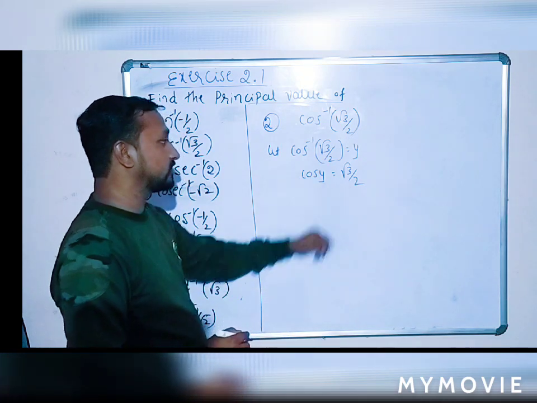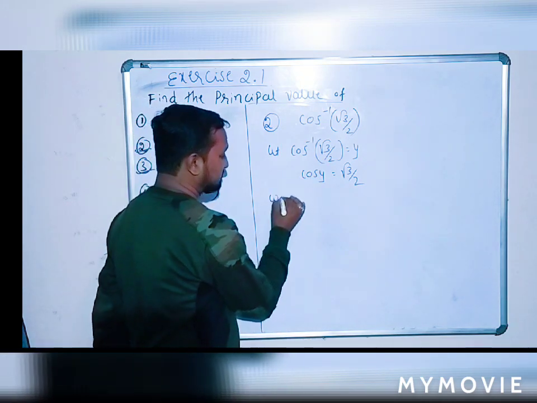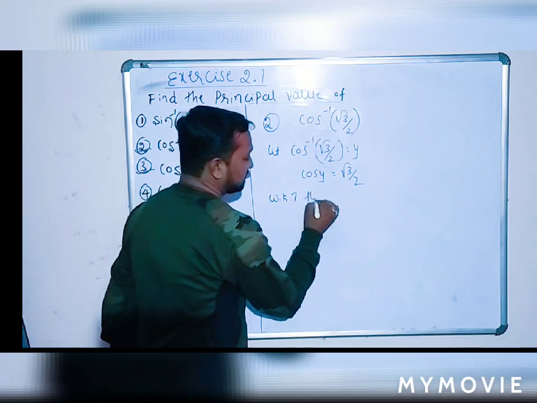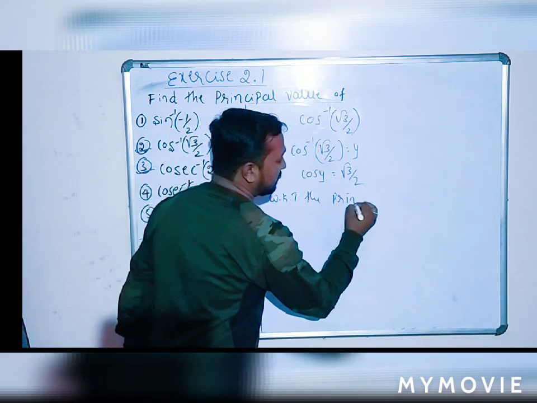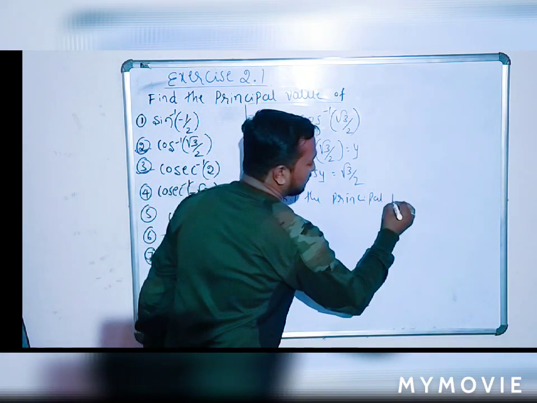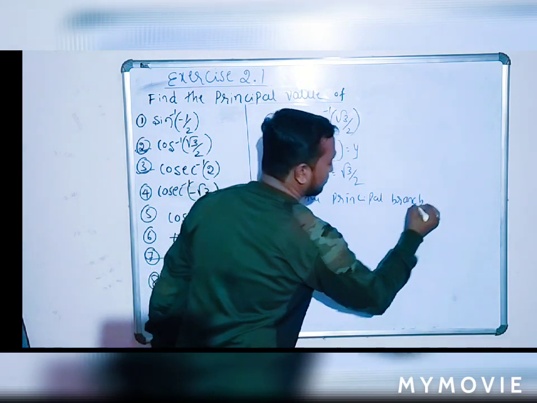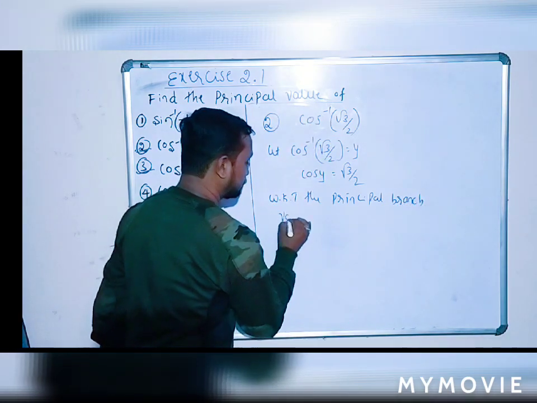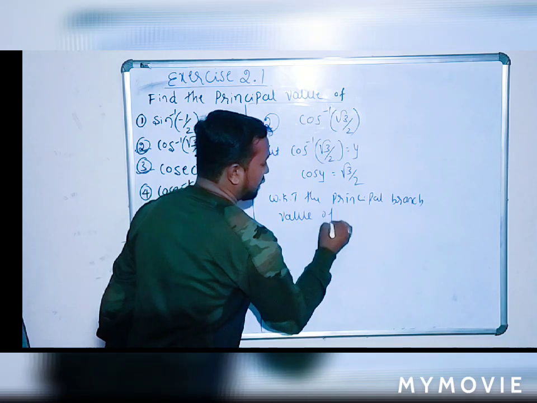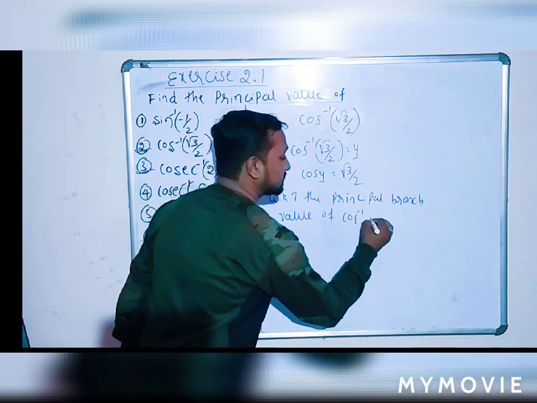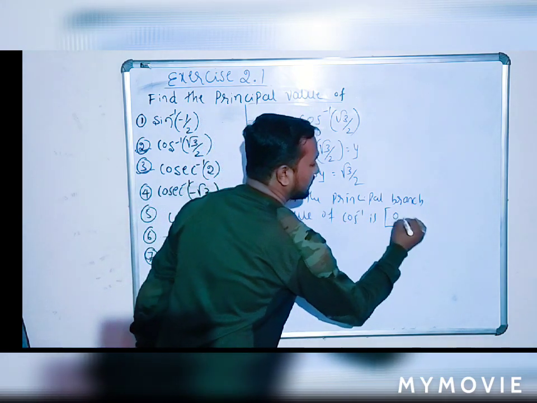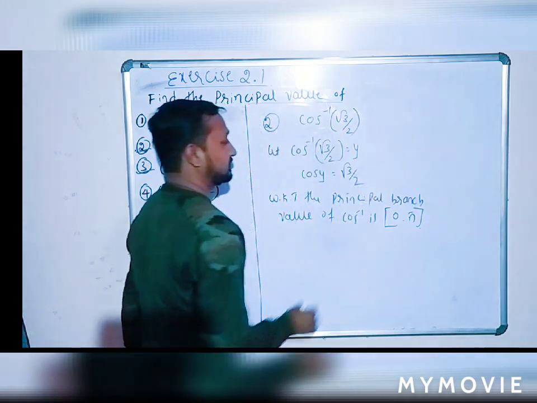We know that the principal branch value of cos inverse is the closed interval 0 to pi.